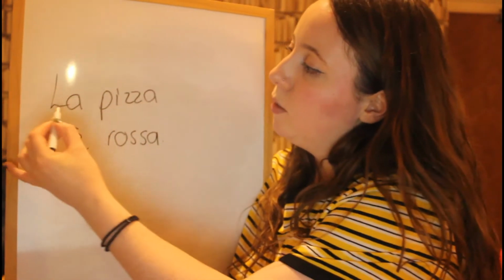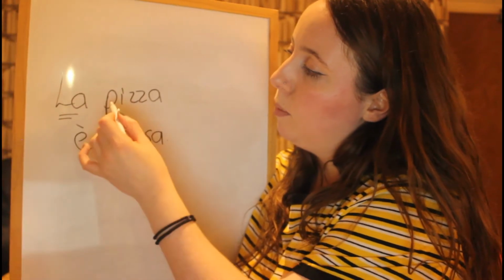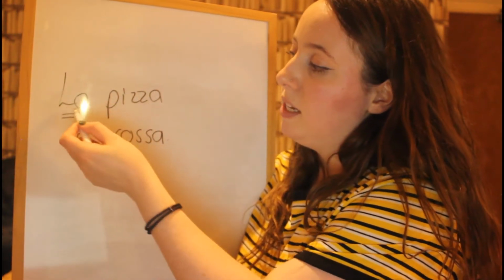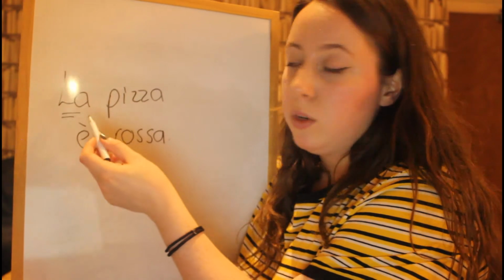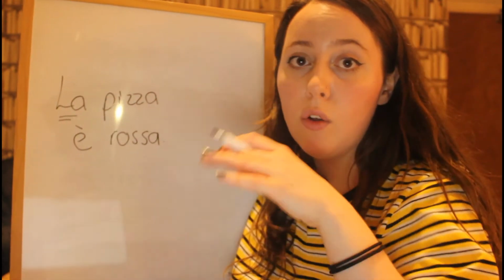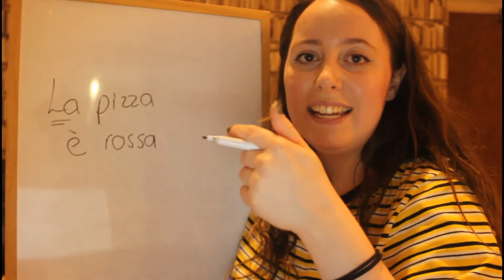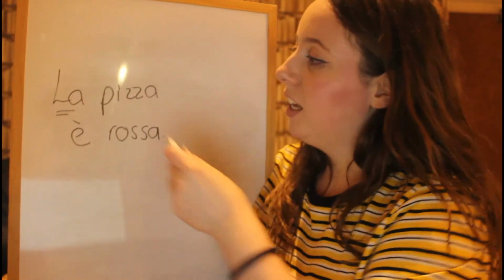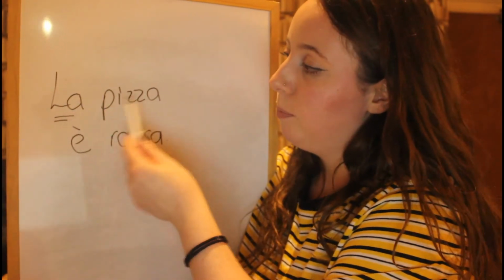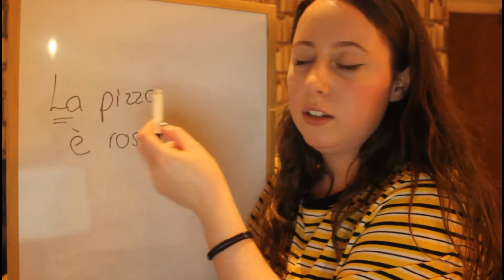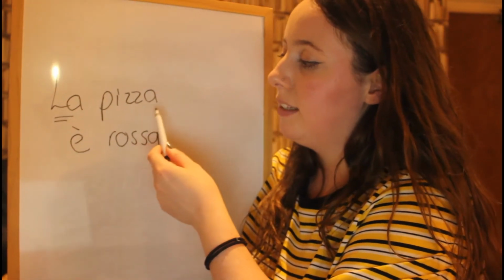And the reason that we use la before pizza, so this obviously means the, and the reason we use la instead of other words like lo, li, la, le, is because it's feminine. Pizza is a feminine word, so it's la pizza.